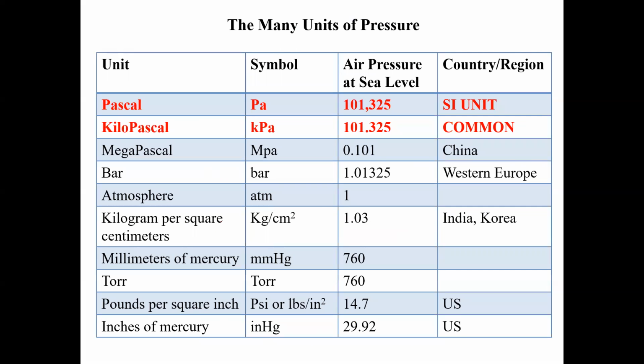One thing that you may be thinking, if you think about your high school chemistry, you're like, wait a second, what about atmospheres? Well, it turns out that pressure has many units for some reason. I'm not really sure why. I think it's just industry relevant. Some industries like to use 1 unit, some industries like to use another unit. So atmospheres, for example, are equivalent to the amount of pressure that the air would give you at exactly sea level.